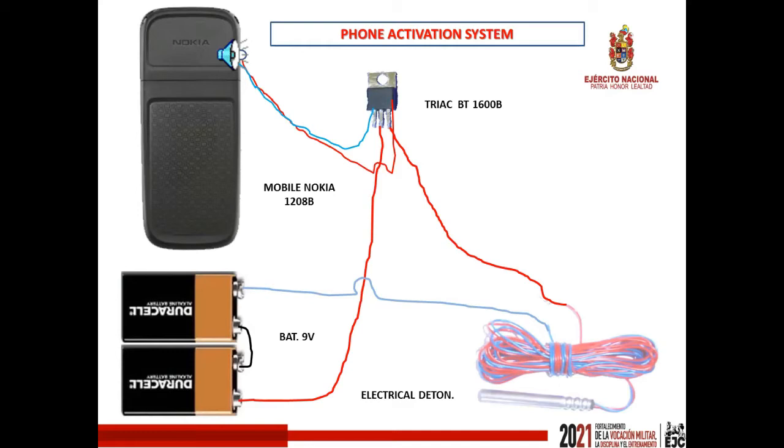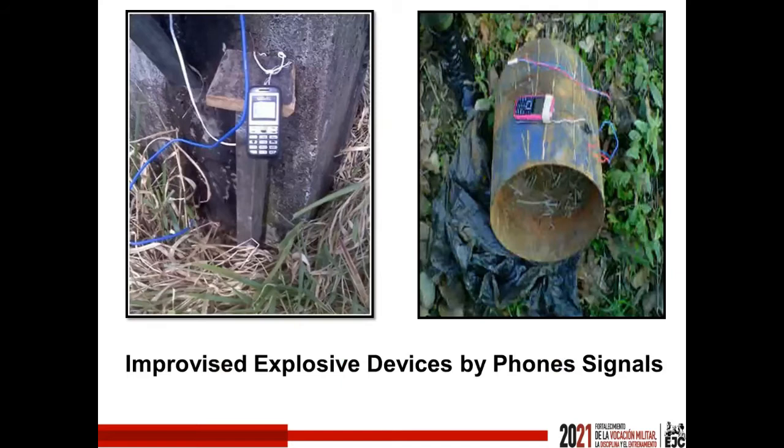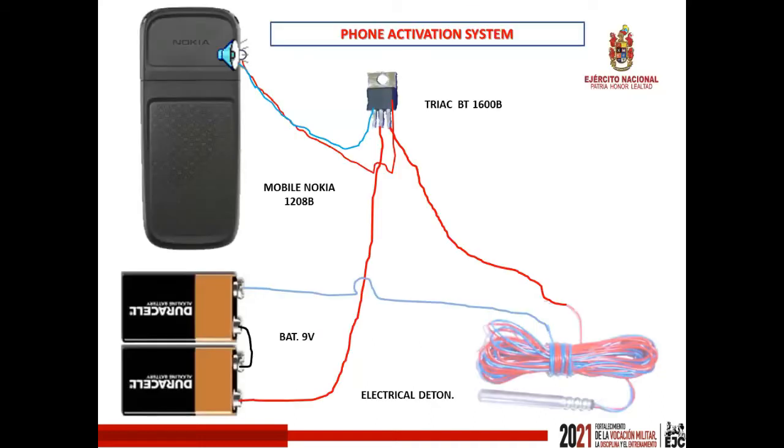We have 2 batteries connected with 2 wires to the cell phone and the circuit. And these elements are connected with the detonator. And in this way, the detonator can activate the charge. The connection basically is in your speaker.